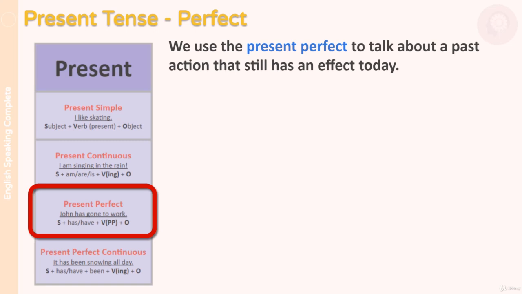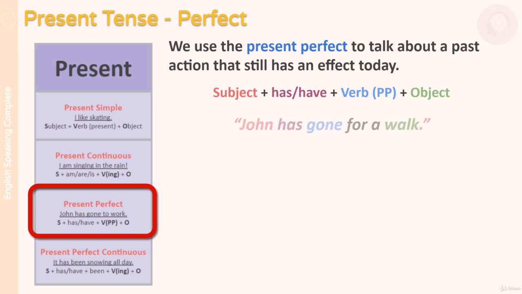He has gone to work. And to make the present perfect, we have subject plus has or have, depending on the type of pronoun, plus the past participle form of the verb, plus the object. That's the basic structure of the present perfect tense. John has gone for a walk. So John left to go for a walk some time before, and he's still gone.